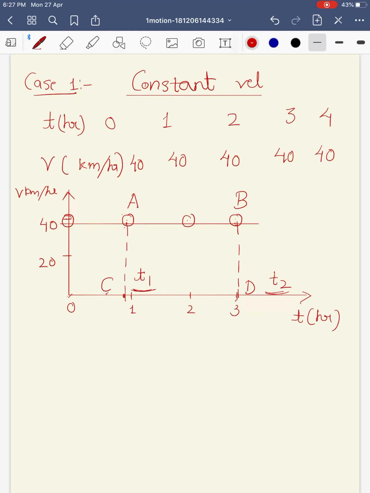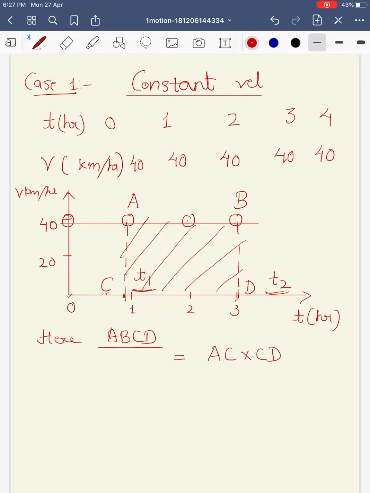Now can you tell me what is this area under the graph? We know that this is a rectangle. Here ABCD is a rectangle, and what will be the area? That will be length into breadth, so I can write it as AC into CD. But what is AC here? This AC is 40, so I can write 40 in place of AC, into CD. What is CD here?